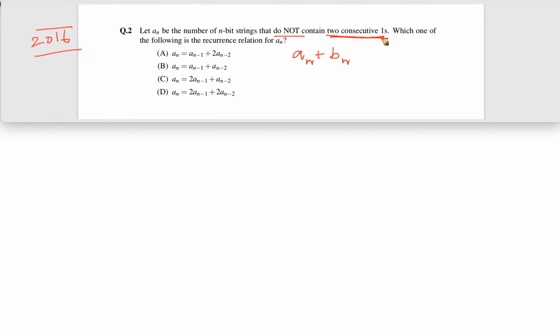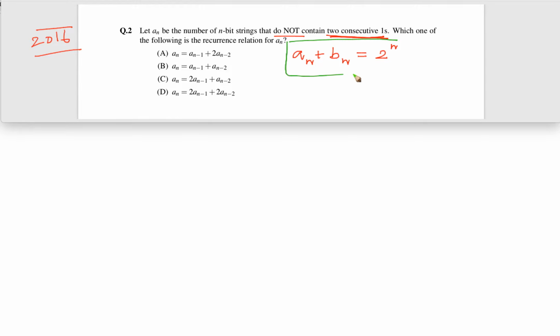Their summation will be all the n-bit strings, that is 2 to the n, since every bit can be either 0 or 1. So basically this equation holds. We will come back to this equation later.